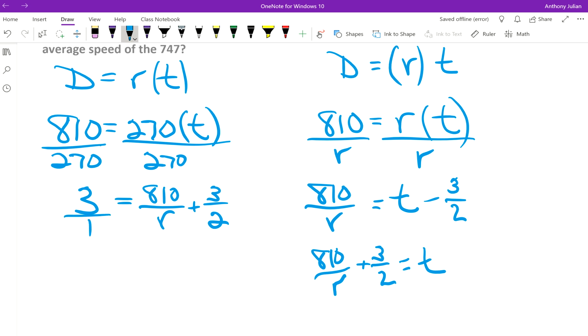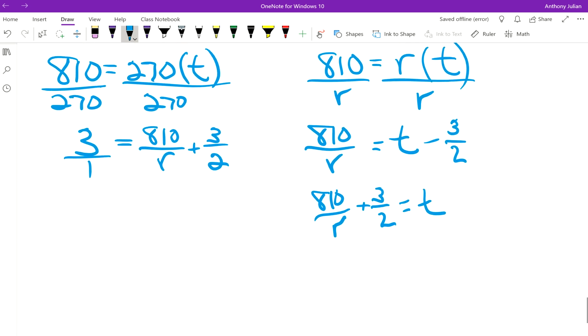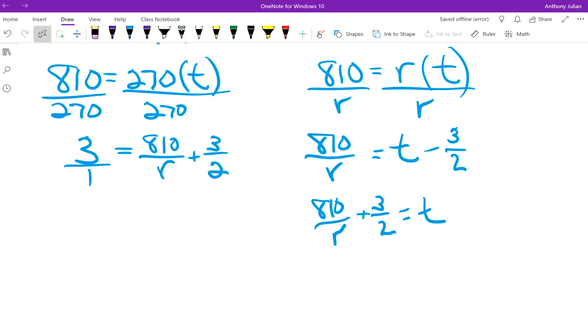I want to get my denominators to be the same now. So this 2 I'm going to multiply by r, top and bottom. The r here I'm going to multiply top and bottom by 2. And the 1 I'm going to multiply by 2r, top and bottom. 2r times 1.